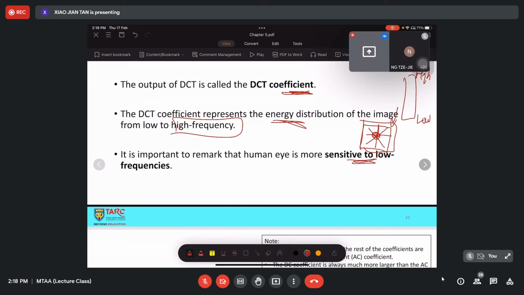So that is why we are able to understand all the information well. When we remove all the high frequency information, we still can tell that this is an apple, but the apple is very blurred, that's all. But if we remove all the low frequency information and retain only the high frequency information, you may or may not be able to tell that this is an apple.